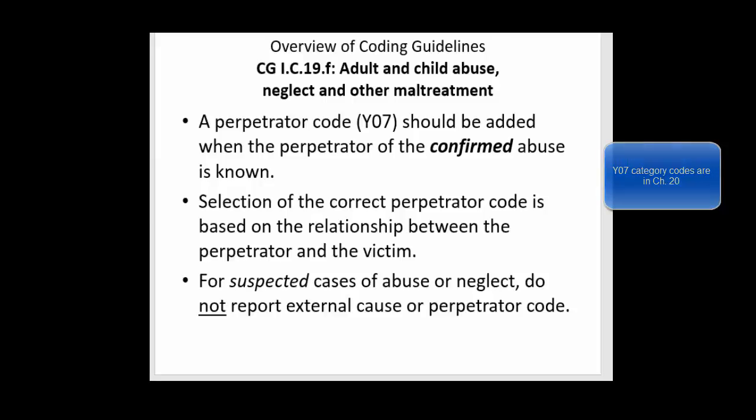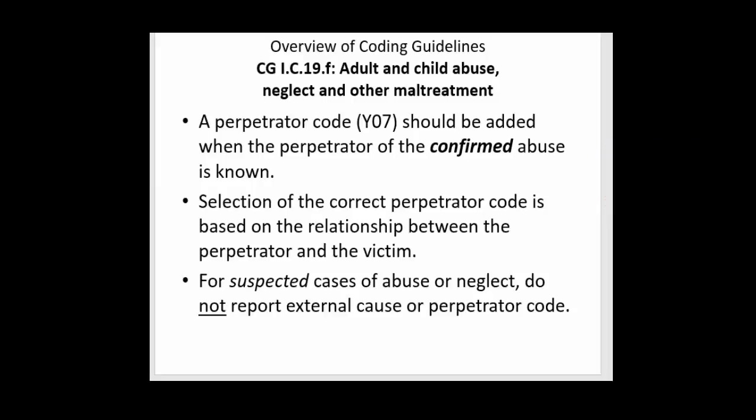So if you go and look at that category, it's going to say victim's father, victim's mother, victim's brother, other relative. So that's how it builds the perpetrator code. However, if you are coding a suspected case of abuse, you are not going to report any external cause or any perpetrator codes.